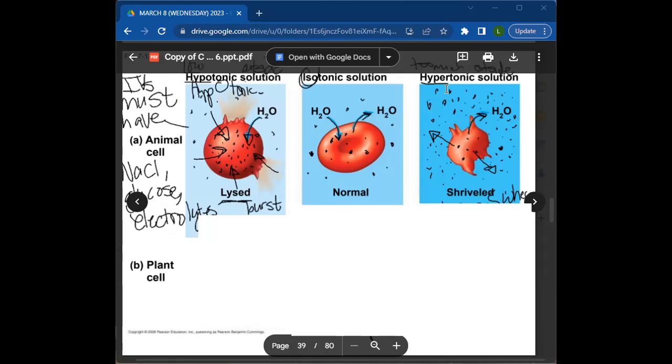Okay, then for hypertonic solutions, hypertonic means that there's a high solute concentration outside the cell. And so that's where the water is going to go. It's going to move outside of the cell.